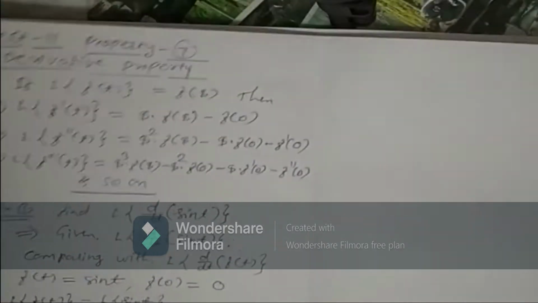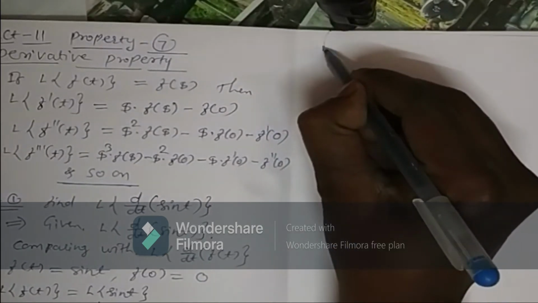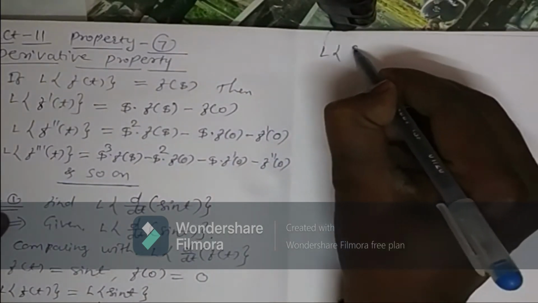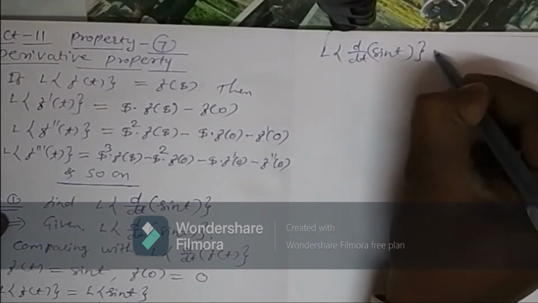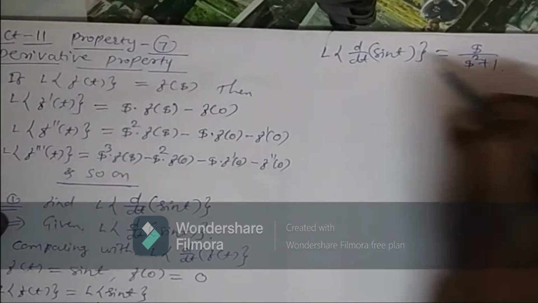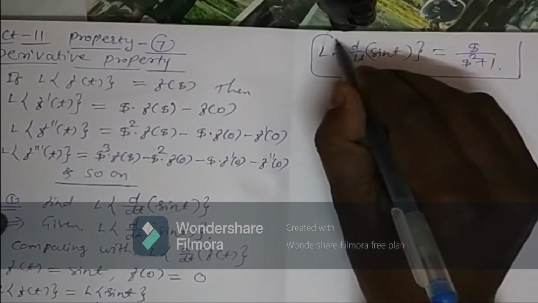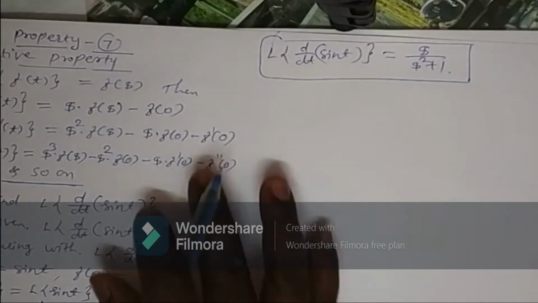So what is the final answer? Finally we can say that Laplace transform of d/dt of sin t is equal to s upon s² plus 1. So this is the final answer. I hope you understand this.